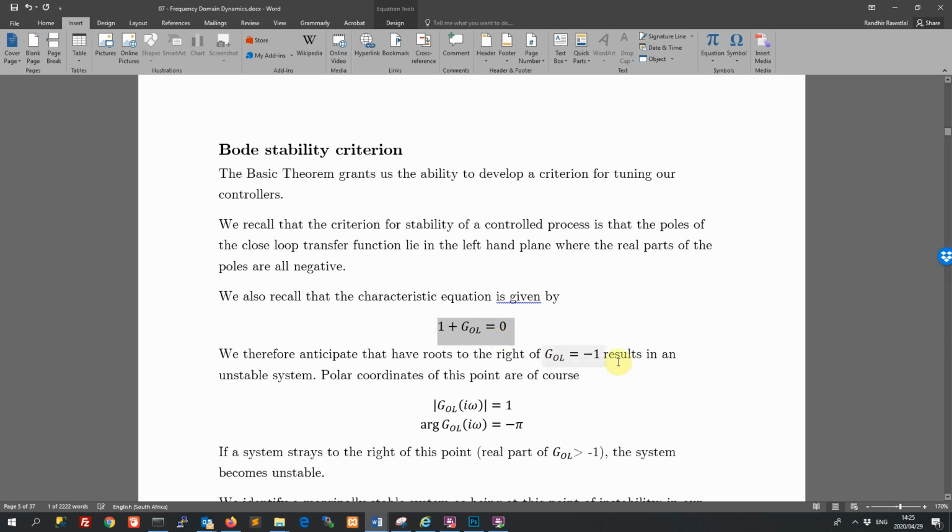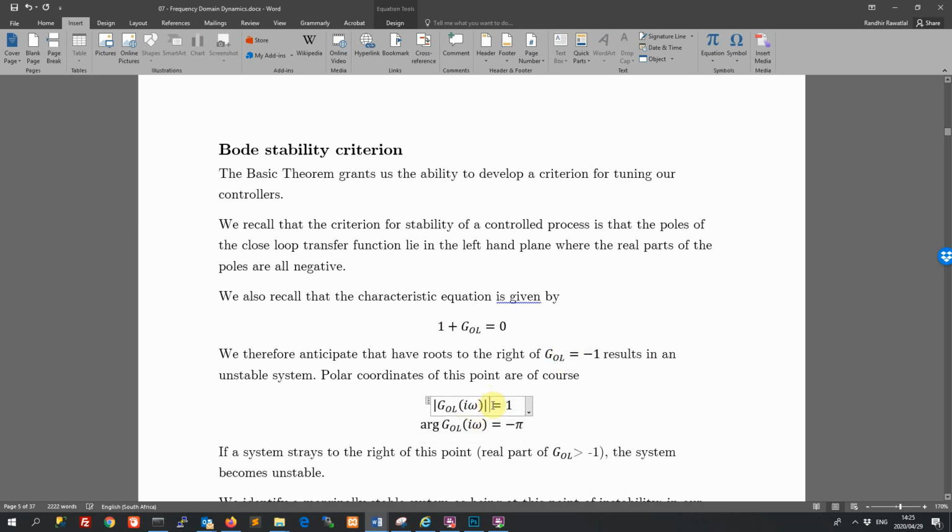So we are regarding this value of -1 as a kind of critical point. We want to know what values of S get us close to -1. Well, that's when you go ahead and find the roots. Right now, we are going to change that. Instead of only looking at solutions to this equation, we will regard the plane of g of S as a plane of possibilities, and we look at how g traces itself out as we apply different values for omega.